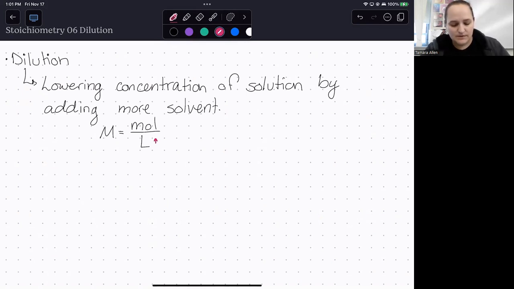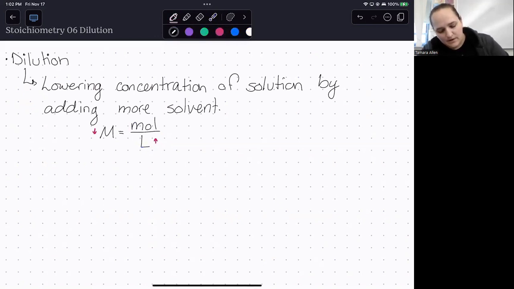If we increase that volume, we're increasing the denominator of this fraction, of this ratio of moles to volume that we have. If we're increasing this volume that's on the bottom of our fraction, that means our molarity is going to decrease, that the value of this fraction overall is going to decrease as our denominator gets larger.